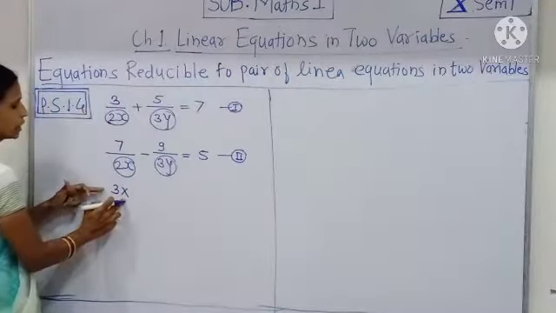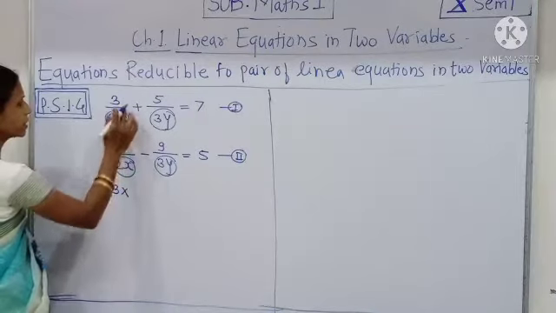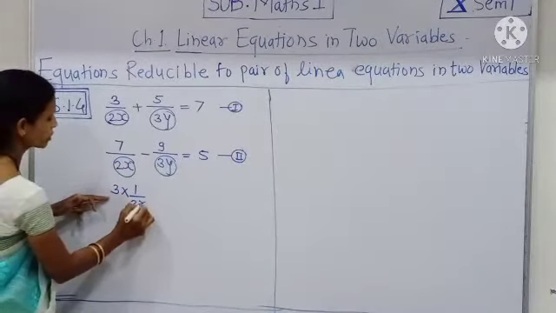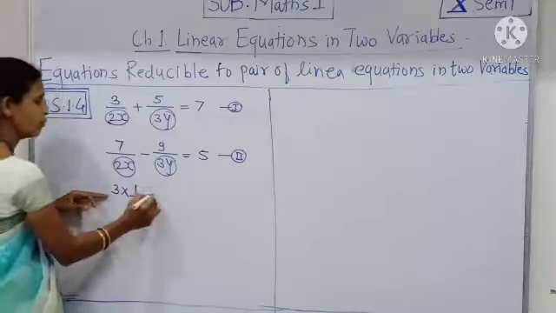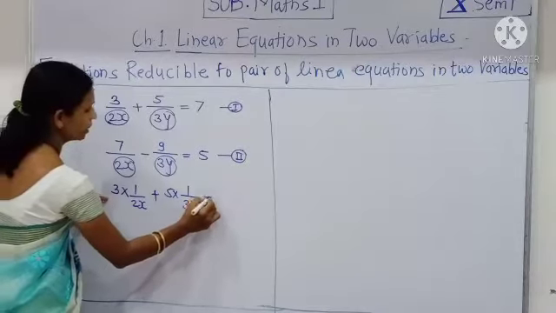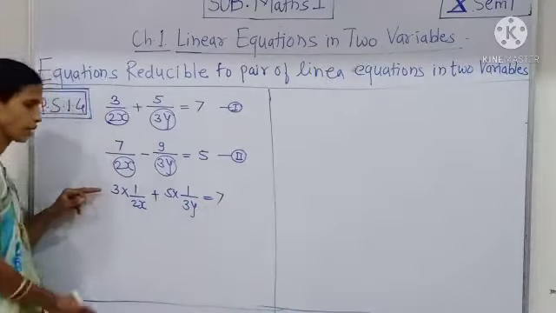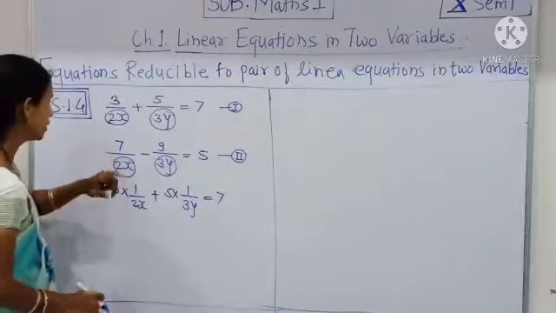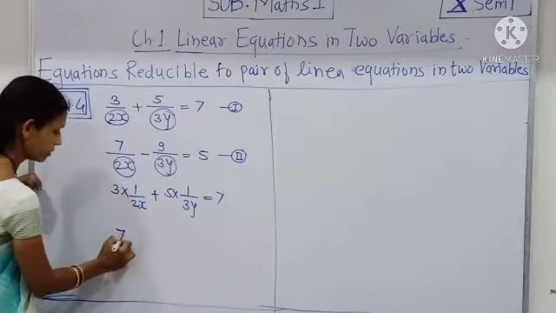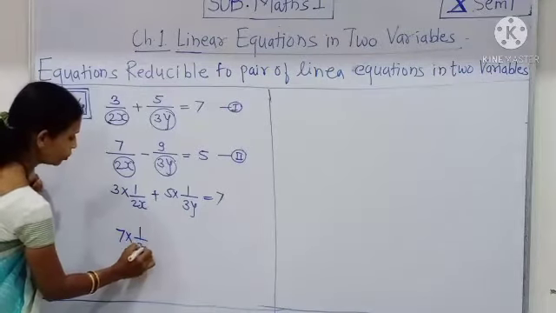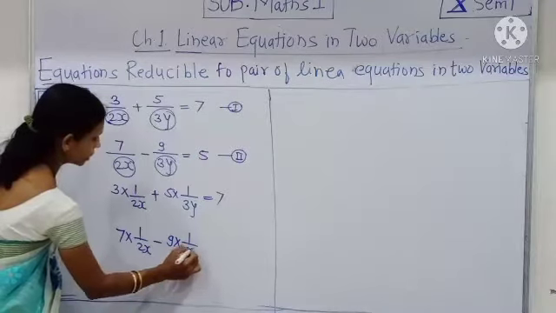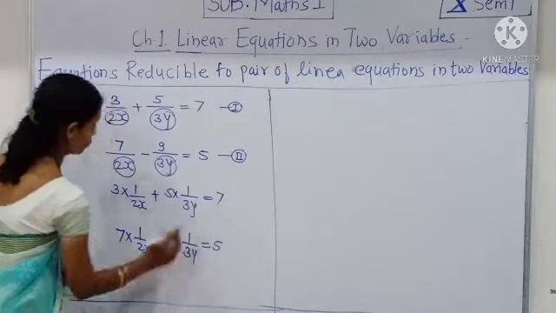The first equation we will rearrange as 3 into 1 upon 2x, plus 5 into 1 upon 3y is equal to 7. Similarly, we can write the second equation as 7 into 1 upon 2x minus 9 into 1 upon 3y is equal to 5.